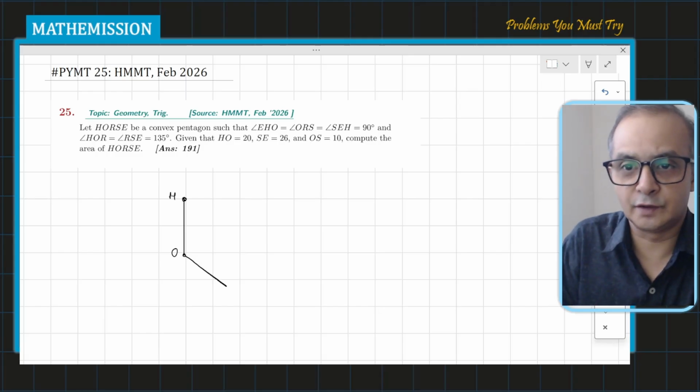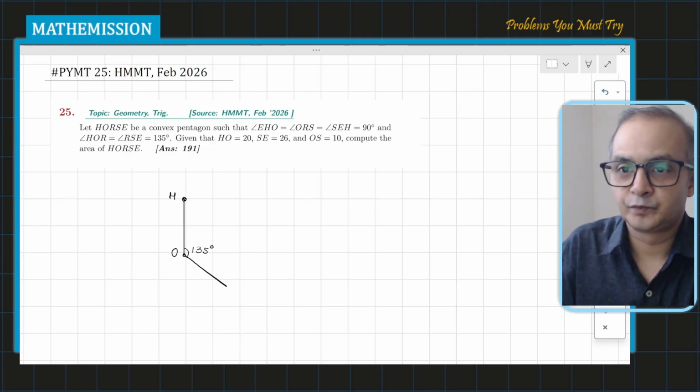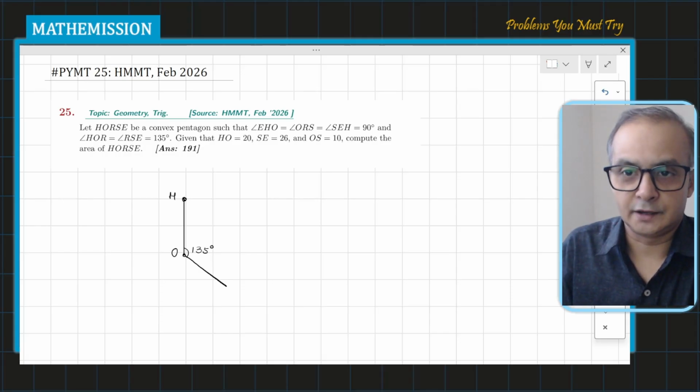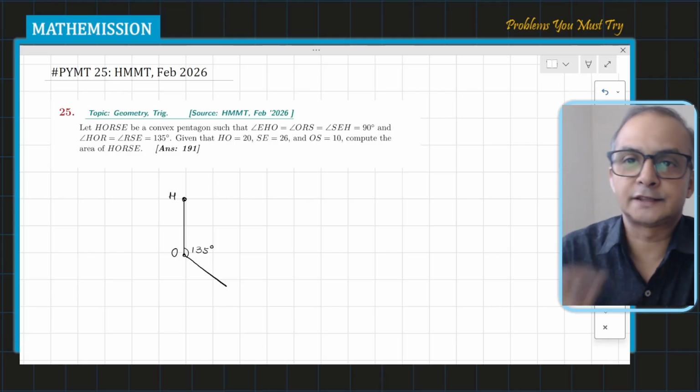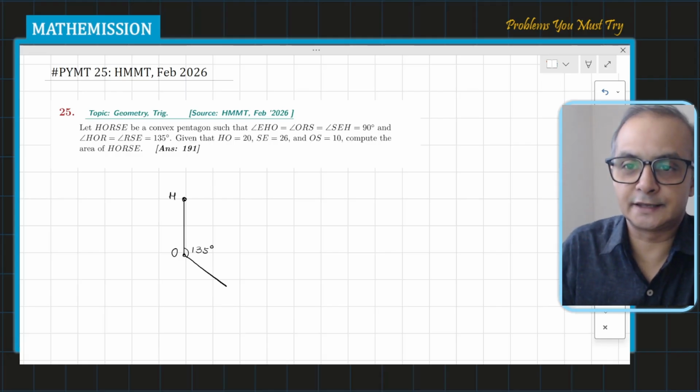So this angle will be 135 degrees. From there, again you notice that RSE, this is, let's say, R, and S, E. So RSE is 135 degrees.